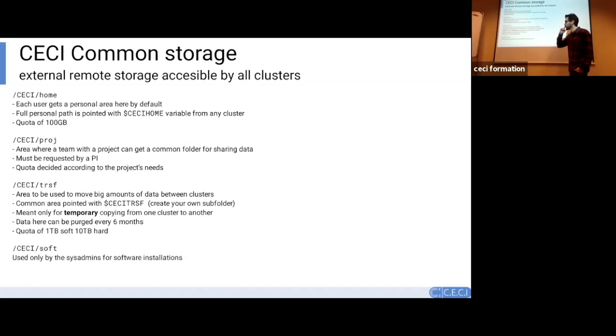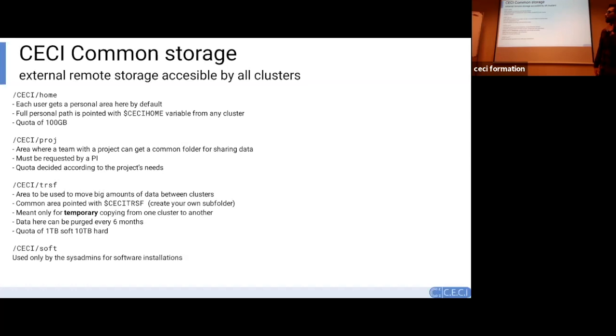It works like I mentioned before. Up to 1 terabyte, you will be free, nothing will be limiting you. But after you go over 1 terabyte, up to 10, you have 7 days to clean up. If you don't clean up, you will be locked from writing any more data there.